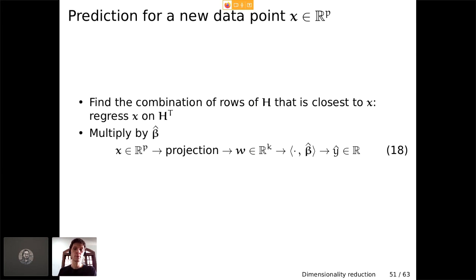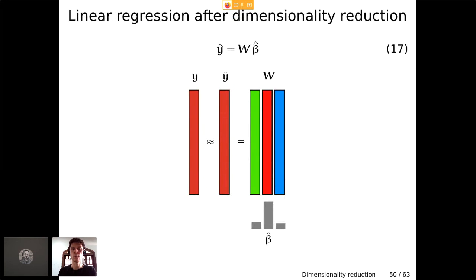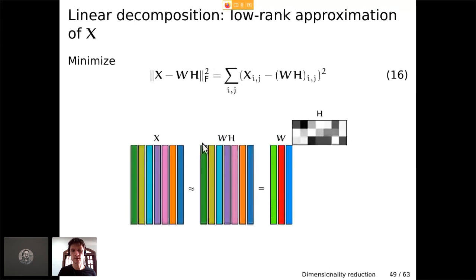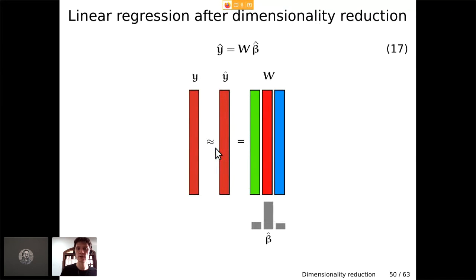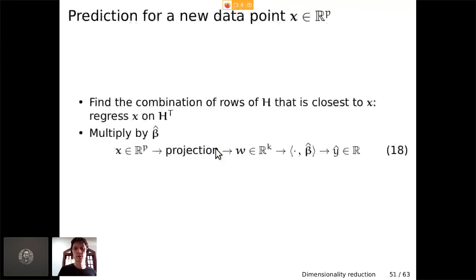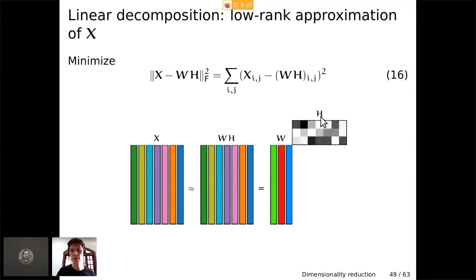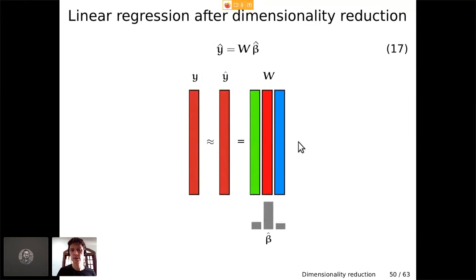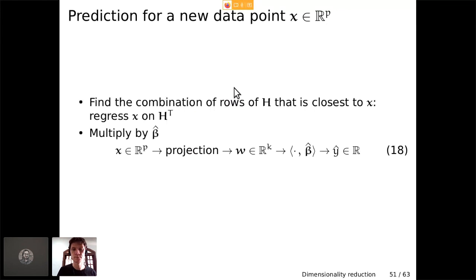And then when I am testing the model and I get some feature vector that has the dimension of the original feature space, I can just regress it on the other factor here to get the coordinates in that new space that give me a good approximation of my feature vector, and use those coordinates as features in order to build my prediction.